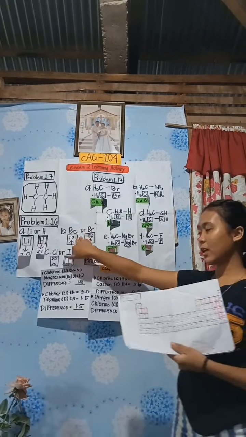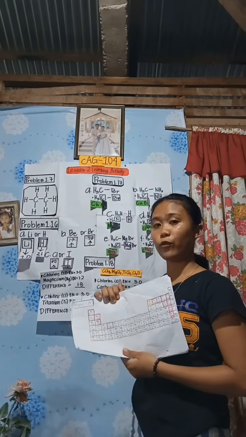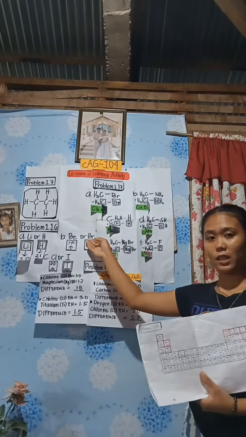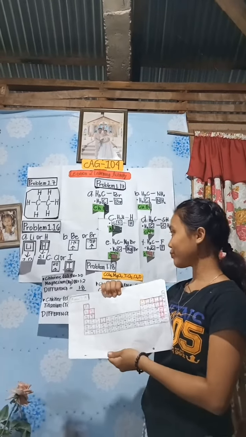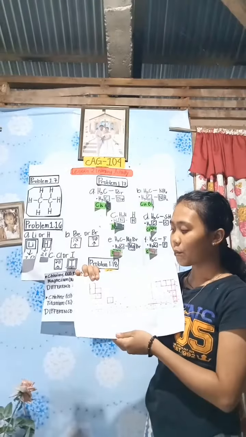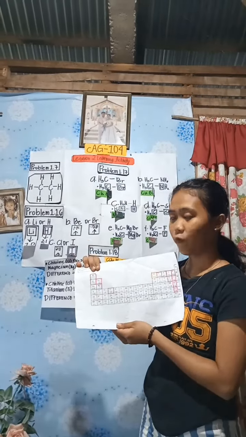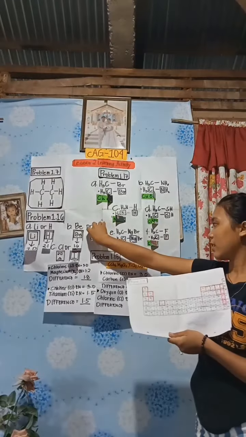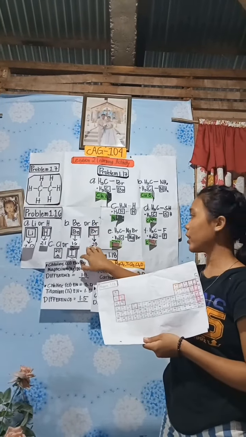Let's move on to letter B. The elements that we have to look for its electronegativity value are beryllium and bromine. We have to use this table again. As you can see in the table, beryllium has an electronegativity of 1.6, while bromine has 2.8.